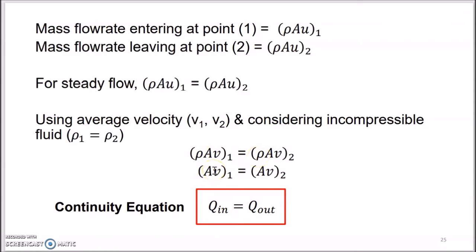The rest, A V1 equals A V2, remains. Therefore, the continuity equation can be stated as Q in equals Q out, that is, the flow rate in equals the flow rate out.